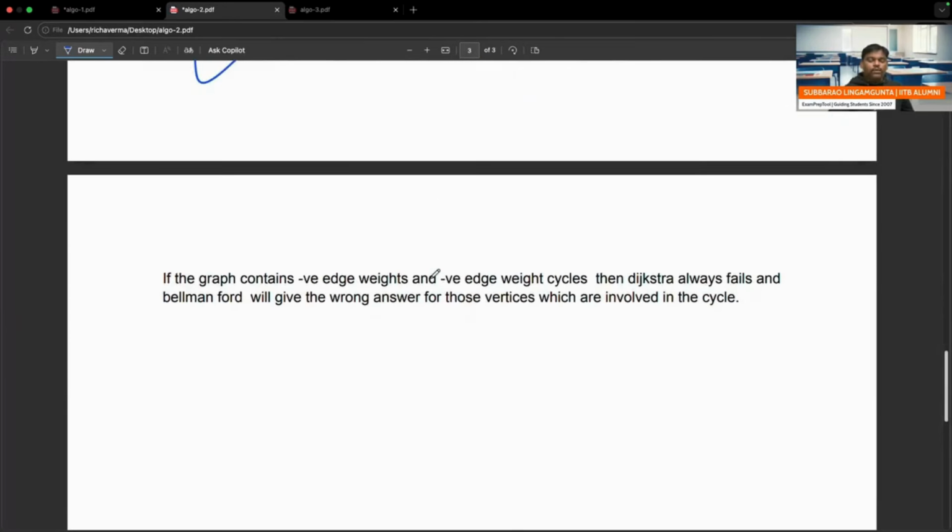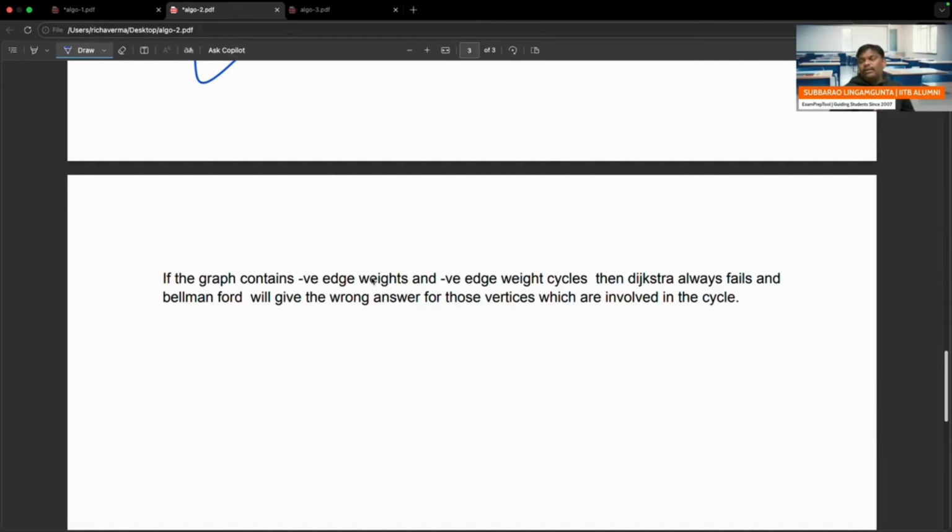Let's go to the next one. If the graph contains negative edge weights and a negative edge weight cycle also, then Dijkstra's always fails, and Bellman-Ford will give a wrong answer for those vertices which are involved in the cycle.